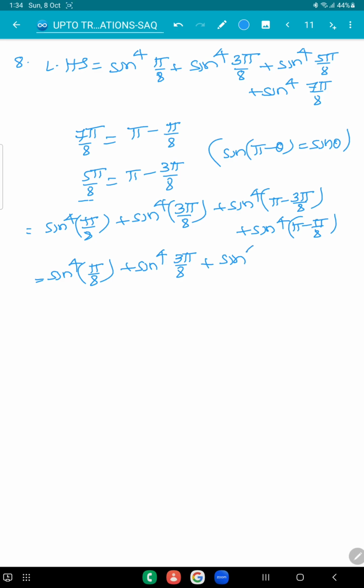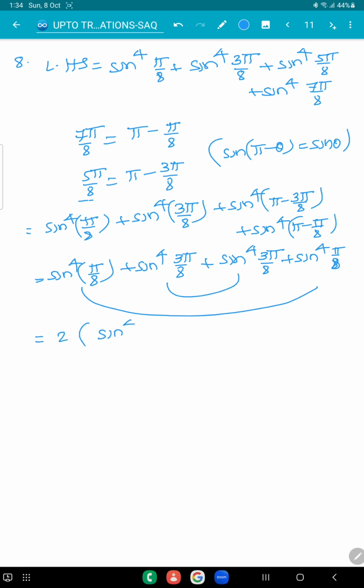Sine pi minus theta is sine theta. These two terms are same, these two terms are same. So 2 times of sine power 4 pi by 8 plus sine power 4 3 pi by 8. Observe that 3 pi by 8 can be written as pi by 2 minus pi by 8.